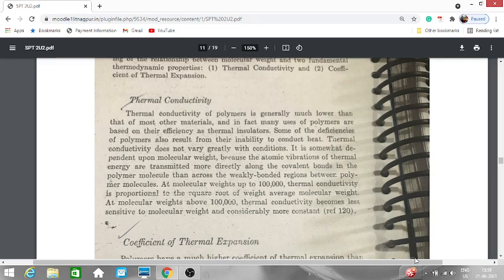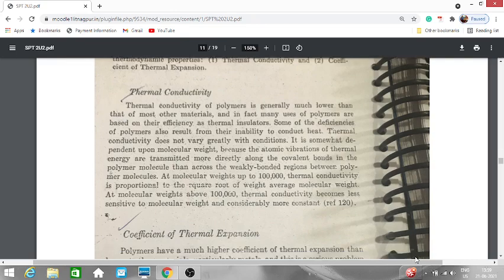At molecular weights above 1 lakh, thermal conductivity becomes less sensitive to molecular weight and considerably more constant.